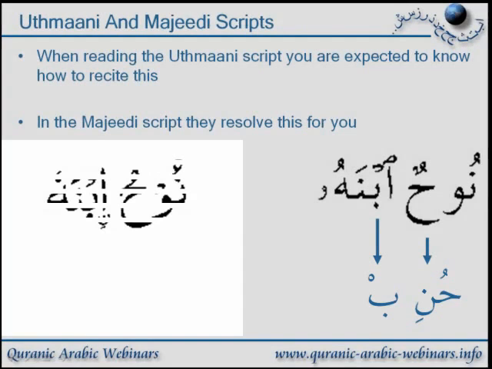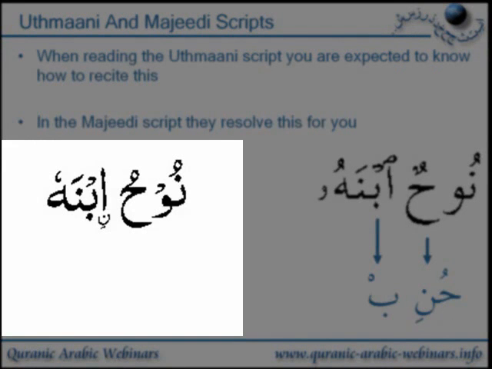Now in the Majidi script that we can see here, this is exactly the same words, but you can see they've actually changed the dhammatain on top of the ha to a single dhamma. So it's just hu. And under the Hamzatul Wasl, now remember in the Majidi script, they generally don't draw the wasla sign, they drop that, so it looks like an alif, but it's not an alif, it's a Hamzatul Wasl still.